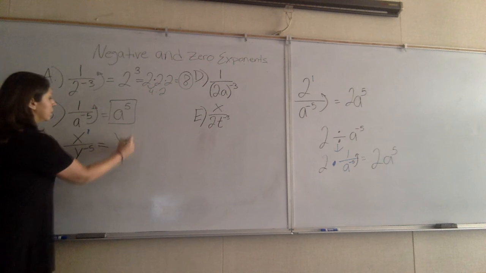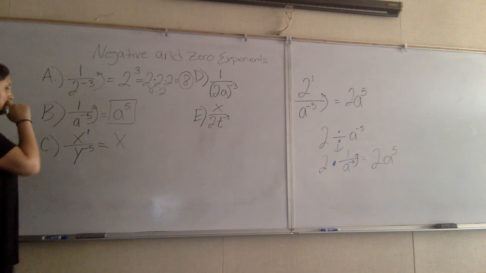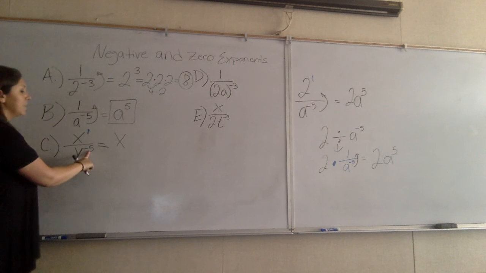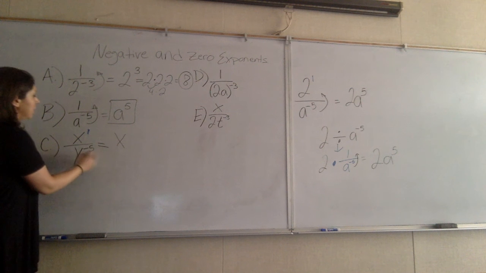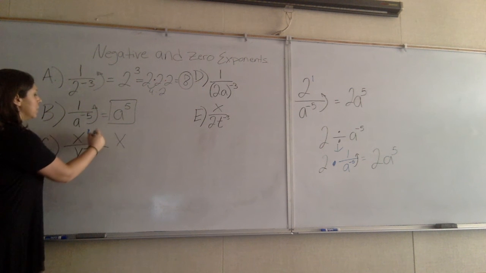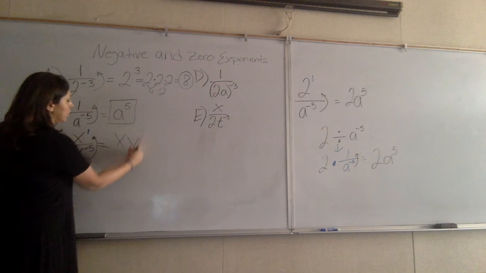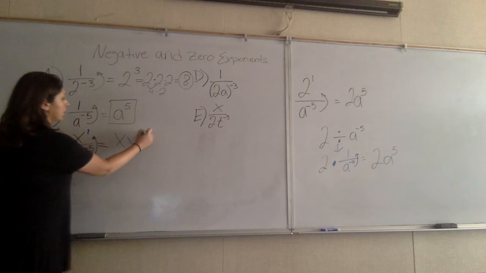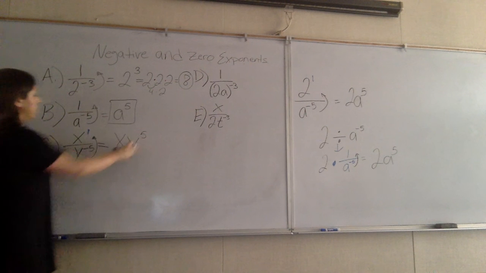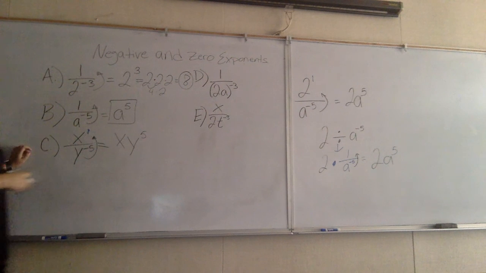So I'm going to leave this x right up on the top. This y, however, has a -5. Since it has a -5, it doesn't like where it's at, so it's going to move to the top. When I move it next to my x, that 5 now becomes positive because it did move to where it wanted to be.